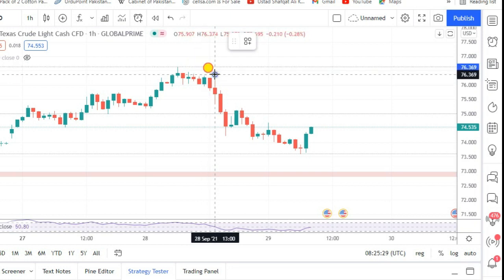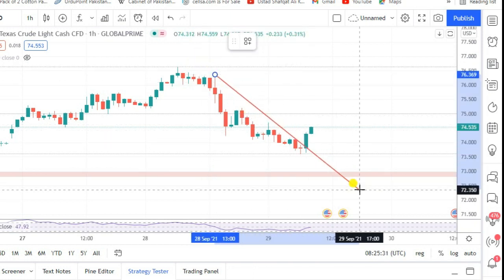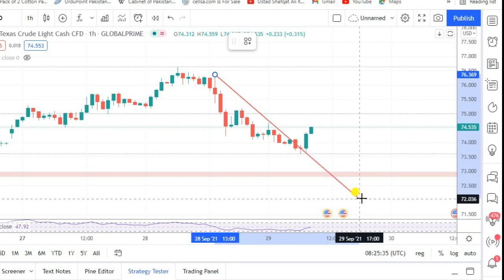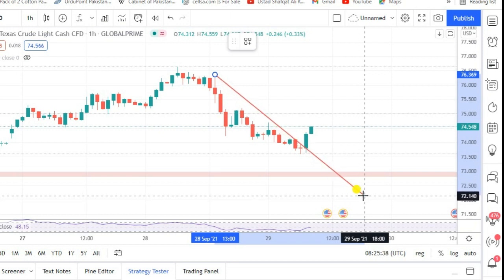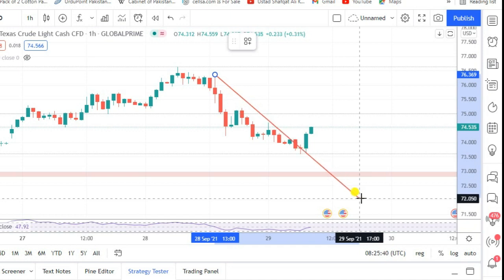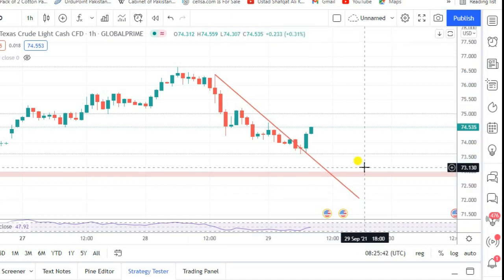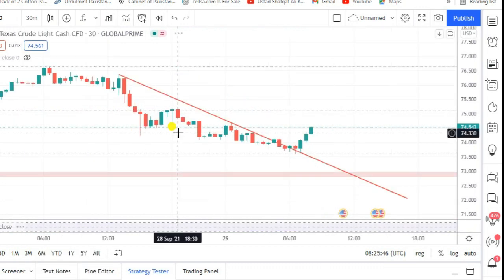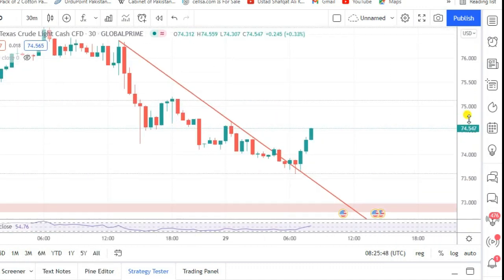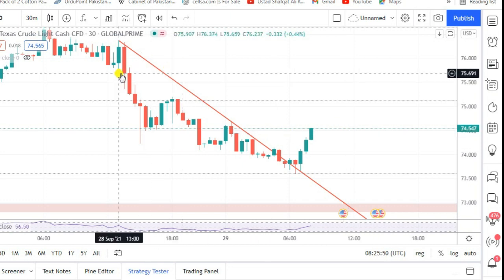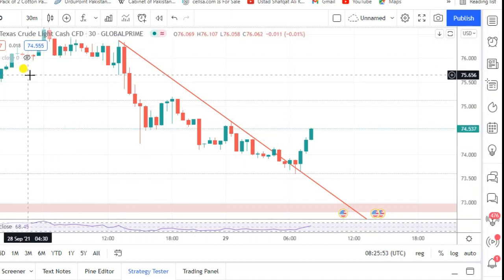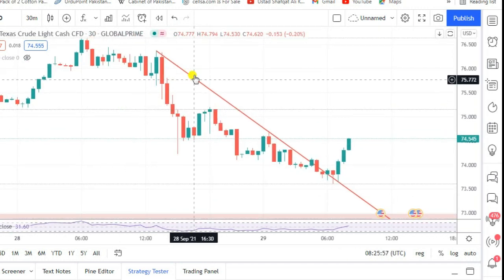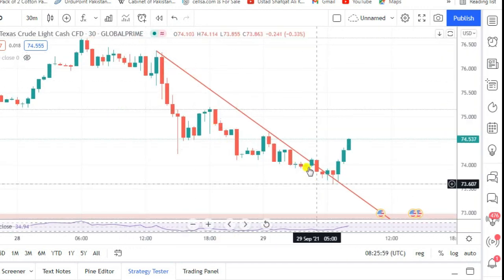If you draw a few parallel lines at this area, you can see that after breaking that trend line from the downside in the 4 hour time frame, the market again turns into a new category.